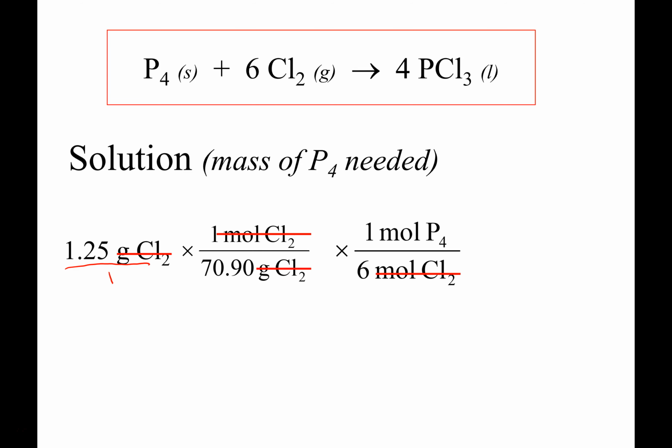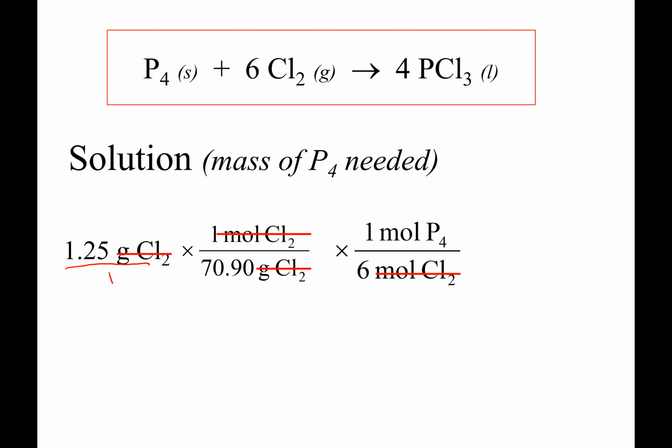On the previous slide, you had the molar mass of P4. We need to use that now to finish up the problem. We want moles of P4 to cancel. We want to be left with grams of P4. So 1 mole P4 over 123.88 grams per mole.